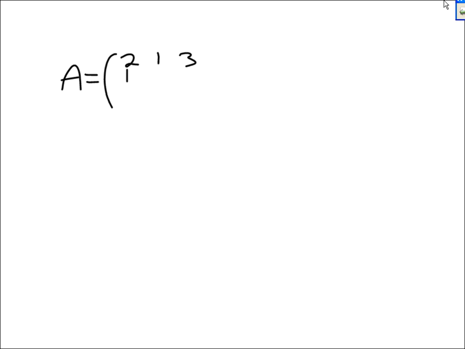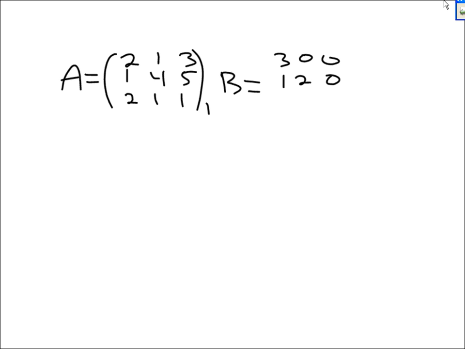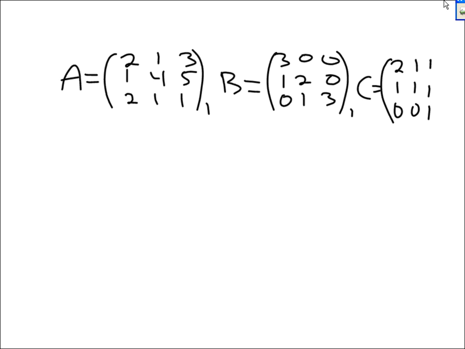Okay, matrix A is 2, 1, 3, 1, 4, 5, 2, 1, 1. And matrix B will be 3, 0, 0, 1, 2, 0, 0, 1, 3. And matrix C, we'll sneak it in here, is 2, 1, 0, 1, 1, 0, 1, 1, 1.